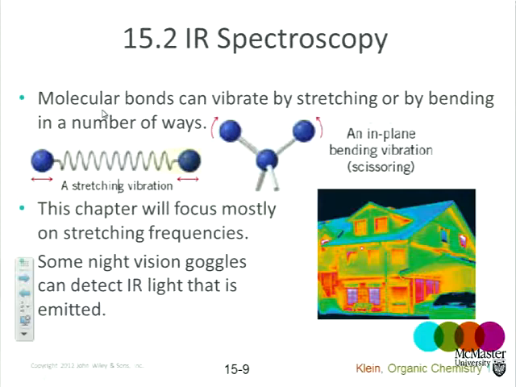So we're going to focus mostly on stretching because all this stuff with the methylene group is quite complex. There are several different absorptions, and it's really stretching that tells us about individual bonds. Yeah? Is there something specific that makes a stretch as opposed to? No, it's just that particular bonds will stretch at particular frequencies.